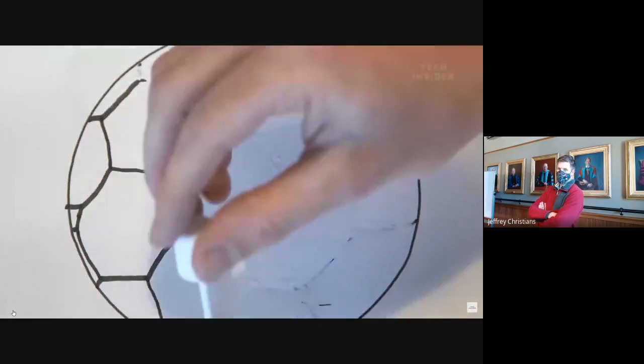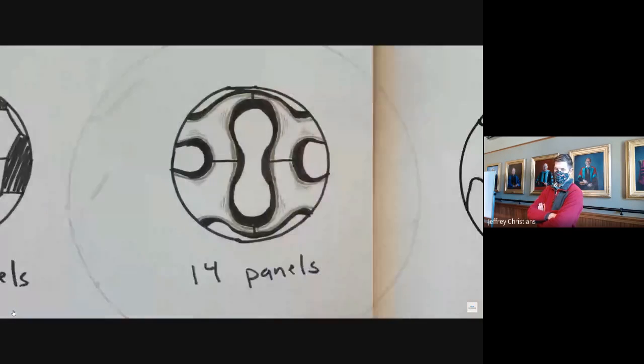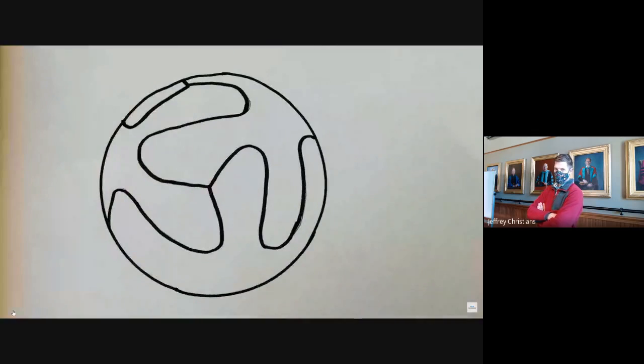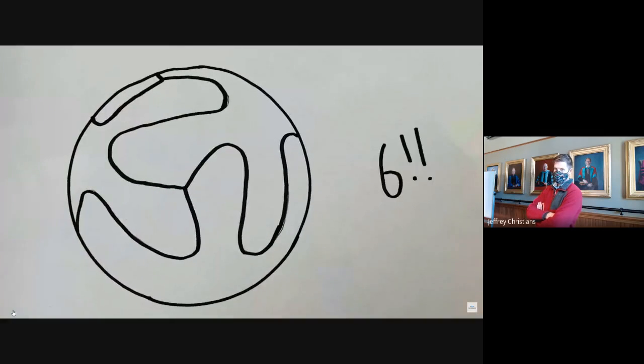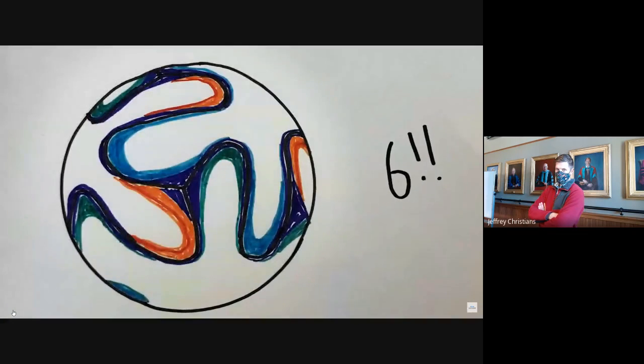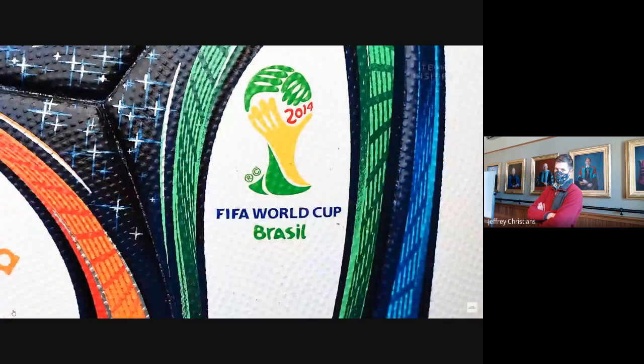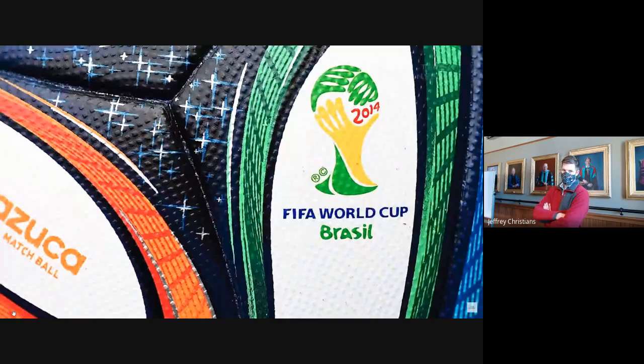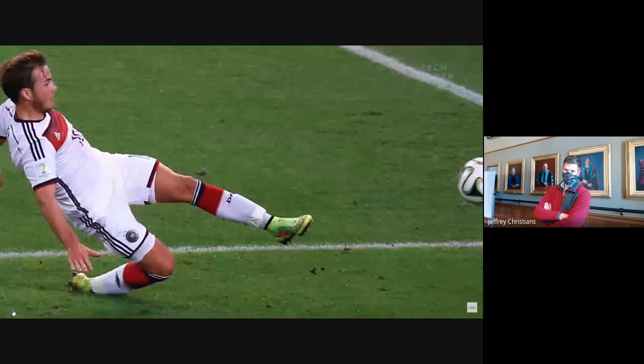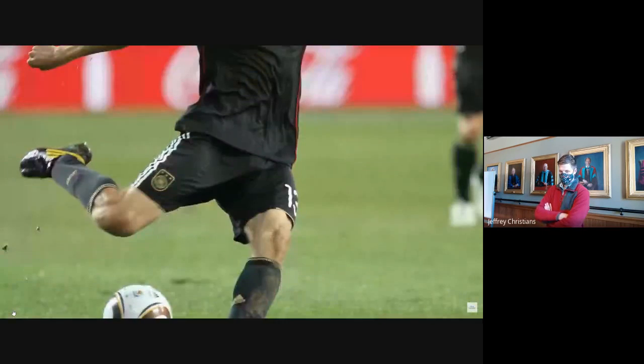And the panels kept disappearing. The 2014 ball had the fewest panels yet, six. This time, Adidas compensated. Despite having two fewer panels than the Jabulani, the total seam length around the ball was actually 68% longer than it was for the Jabulani. So at least this time, the ball had the right amount of roughness and flew further than the 2010 ball.